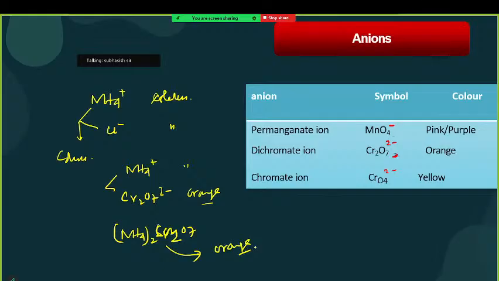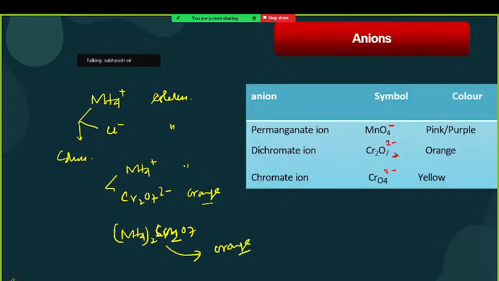So when you consider the color of a particular salt, you have to consider both the positive part and the negative part. If any part has color, then that salt must be a colored one. But if one part is not colored and the other part is also without any color, then that particular salt will be colorless.